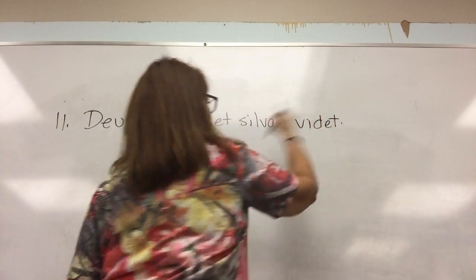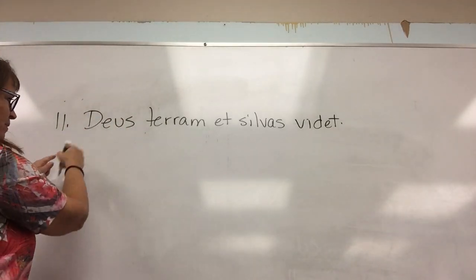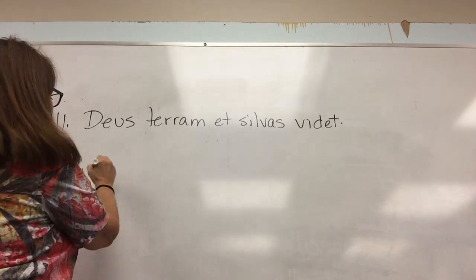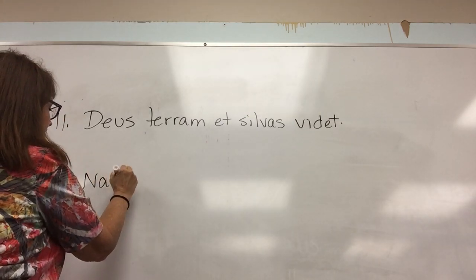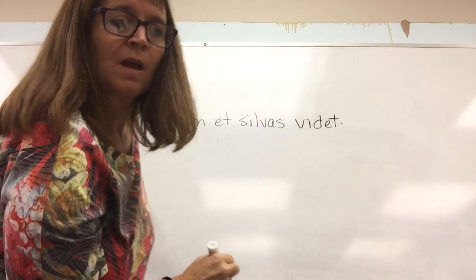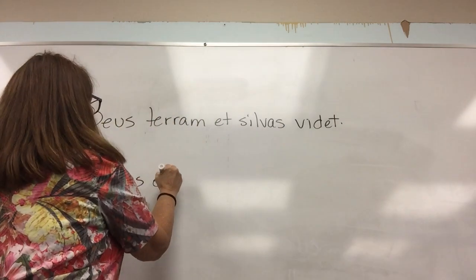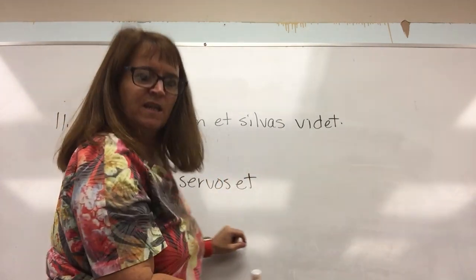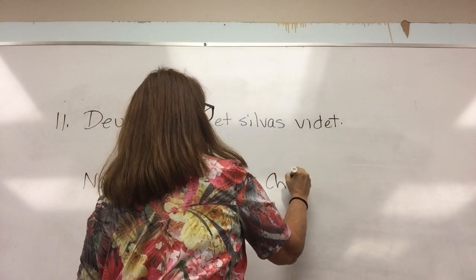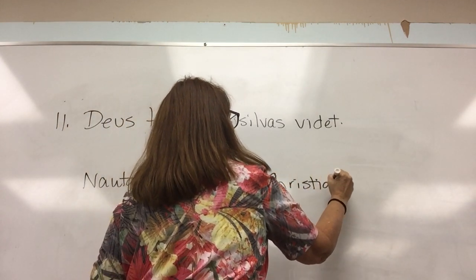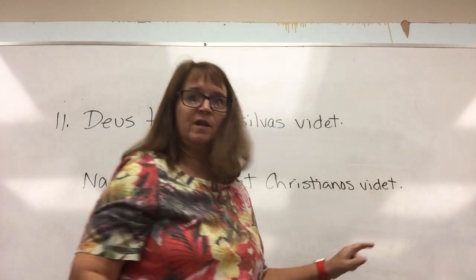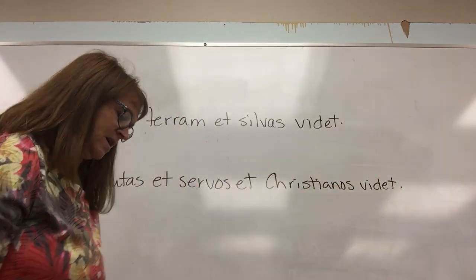Okay, so we got that sentence. Now I'm going to leave a little room to write that. And then sentence number 2 is nautas et servos et, I think it's Christianos, yes, Christianos. And then we're going to have videt. That's going to be really important, that videt, okay?